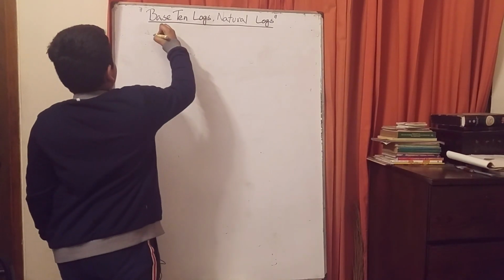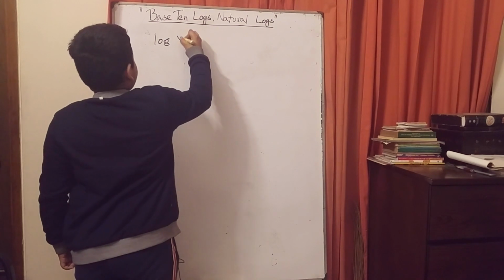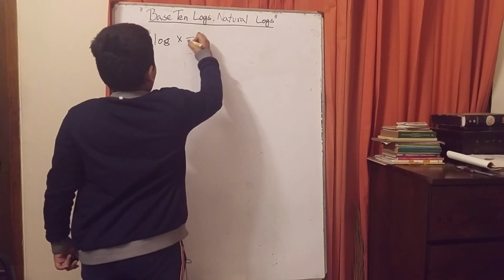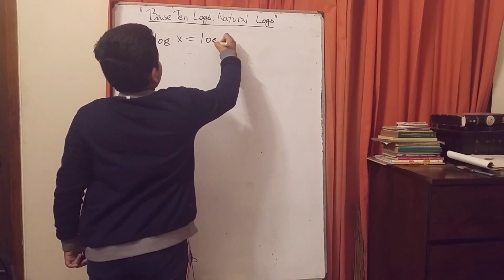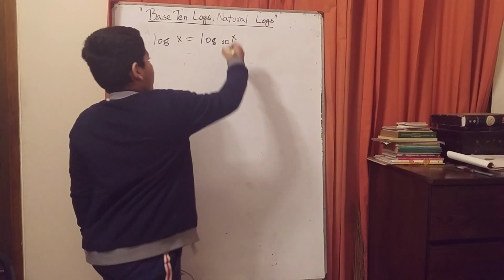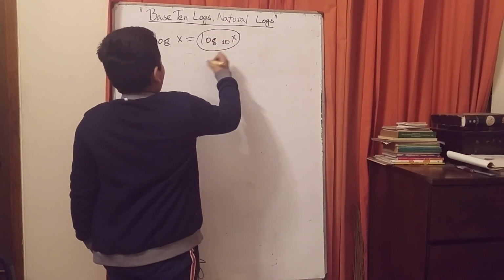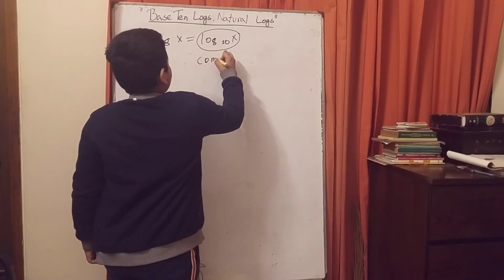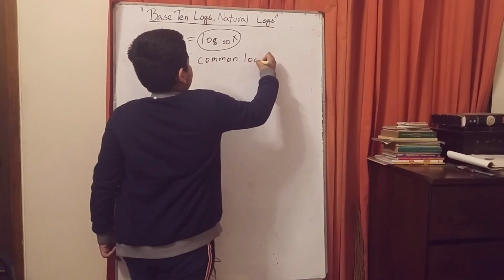Now, mathematically, whenever there is no base written, it would automatically be called log to the base 10 because it's the common log. Because base 10 logs are also known as common logs.